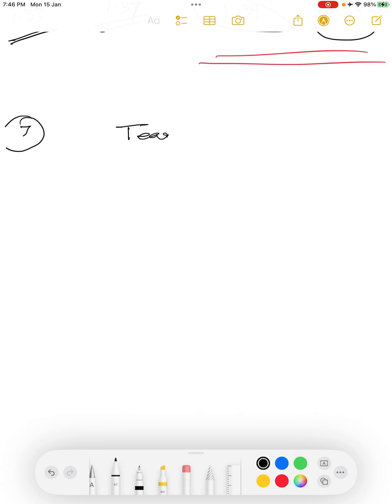Can you tell me the tear film production rate? We all cry sometimes. The tear film production is at the rate of 1.2 microliters per minute.